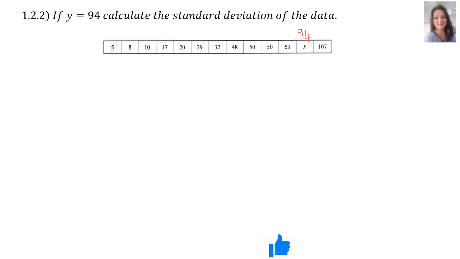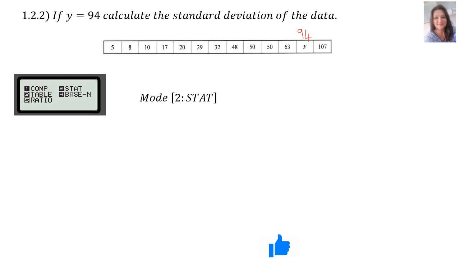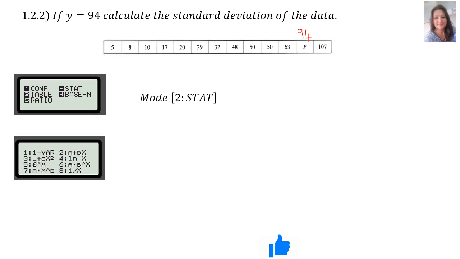Now, to find the standard deviation, there are some calculator steps. Mode to stat, and then we choose number 1, 1-var. Now we will enter all the data items. You can pause the video and quickly do it with me.